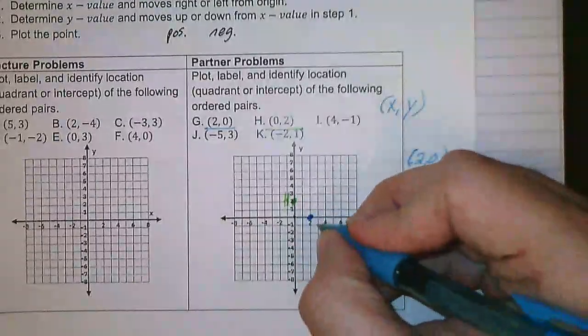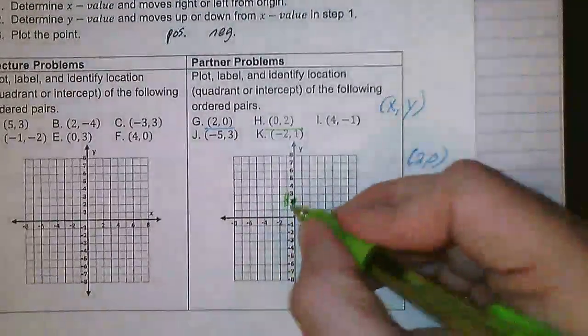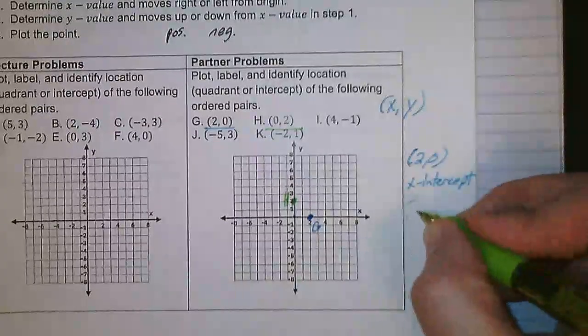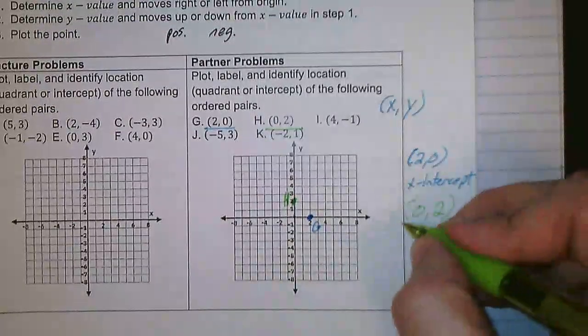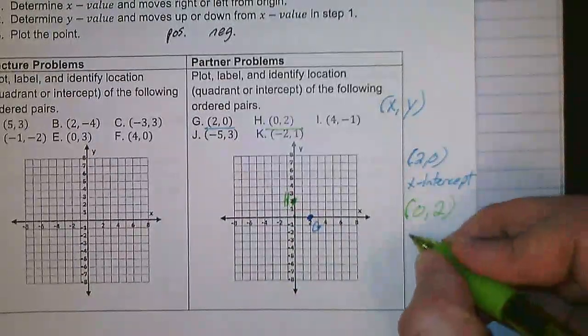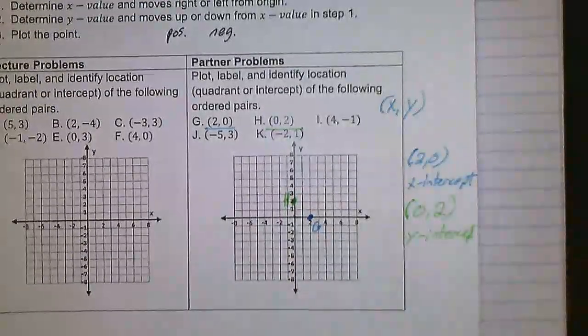That's point H. This is point G. So H is on the y-axis as a point that is (0, 2). And if my x value is 0 and I have a y value, then we are looking at the y-intercept.